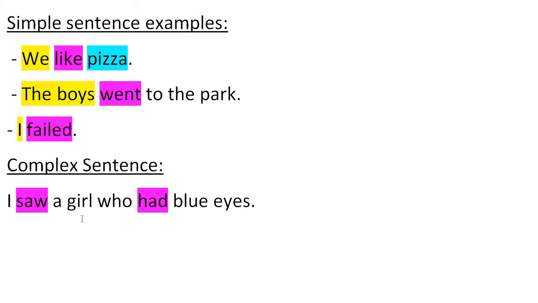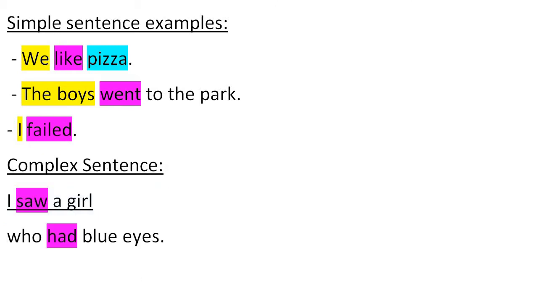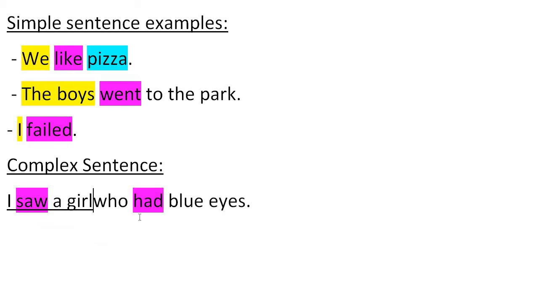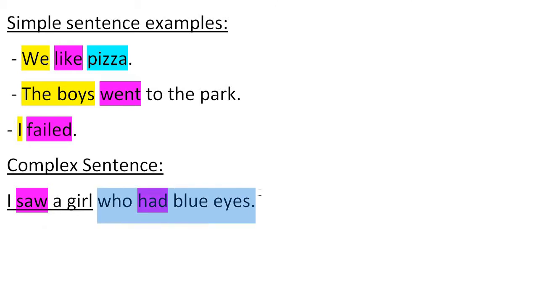So how do I know it's a complex sentence though? Well, I saw a girl. If I underline that and I remove that part, that can be a sentence on its own. That can be a complete thought. So that is an independent clause. And if I put a full stop there, that independent clause becomes a simple sentence. But that's not how it looks. It says, I saw a girl who had blue eyes.